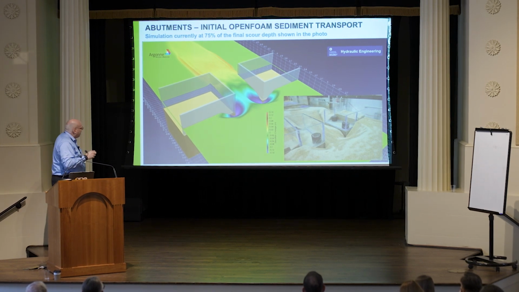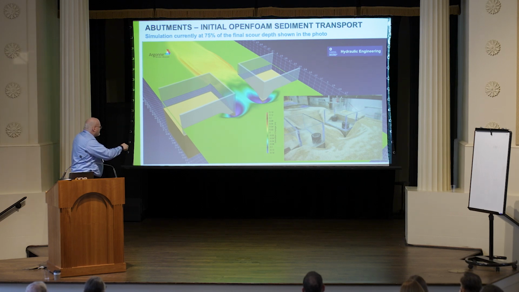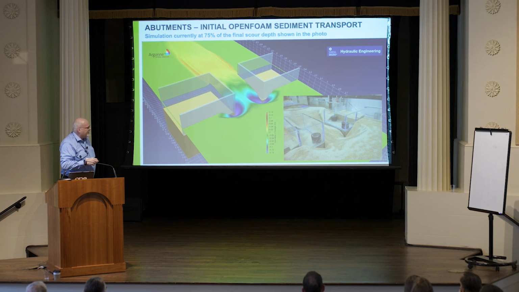So compared to what you see in the experiment at the end and what you see in our run, about 75% into this thing, so that we have reached 140 millimeters. I think the final depth of that hole in the experiment was 200. So there's still a way to go, but what you see is that we're not piling up enough material behind the piers.